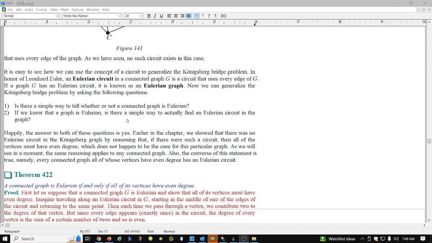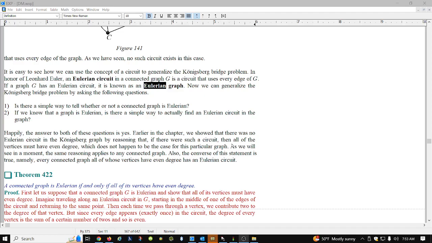And that happens to be the case for any connected graph, as we're going to see in a minute. Also, the converse of this statement is true. Every connected graph, all of whose vertices have even degree, has an Eulerian circuit.